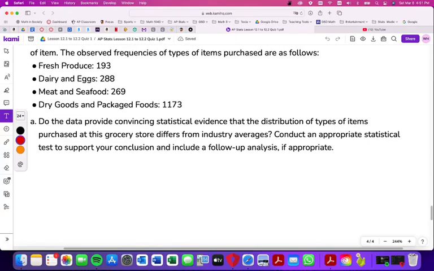Observed counts from the four categories of the variable in the supermarket. Do the data provide convincing statistical evidence that the distribution of types of items purchased at this grocery store differs from industry averages? Conduct an appropriate statistical test to support your conclusion and include a follow-up analysis if appropriate.